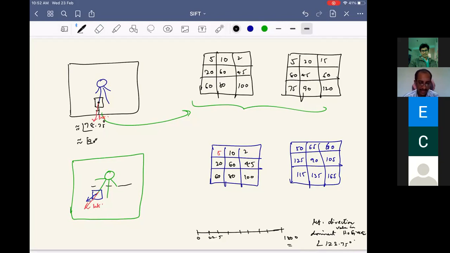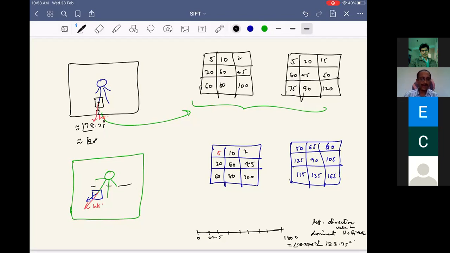Now what we do is we subtract this reference angle from each of these angles to get the HOG representation. In this case, the reference angle is 78.75 plus 45. Each time we get the same object, but with different orientations.